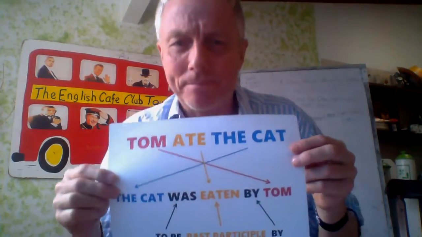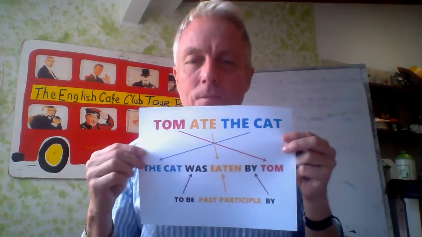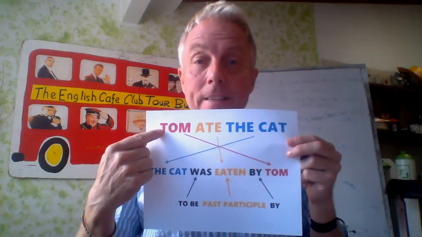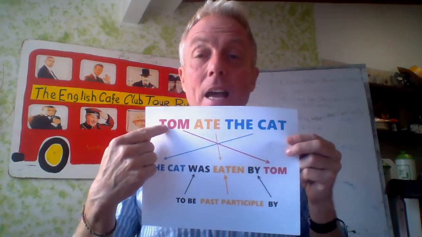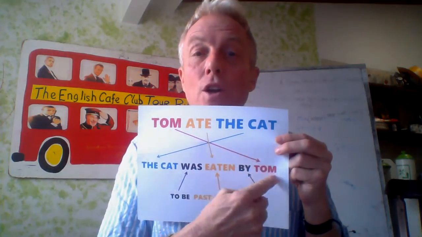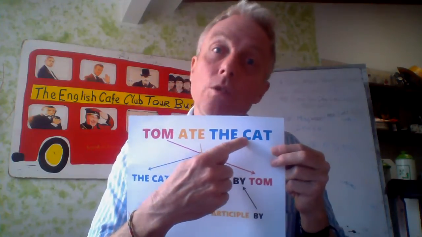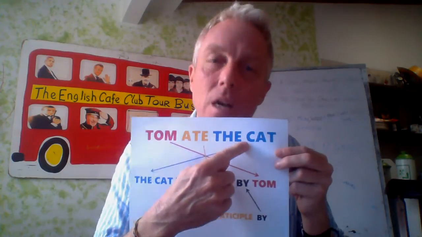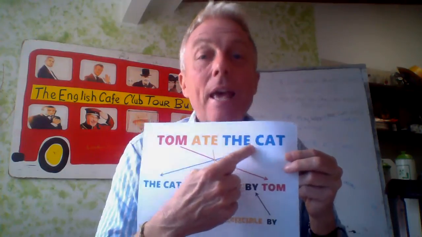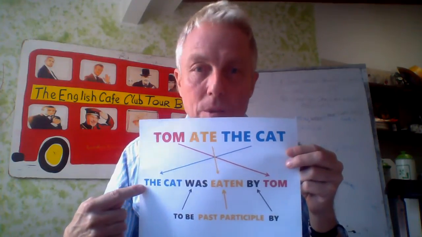Now, there's some things you've got to learn. Very simple. Don't panic. Tom, he did the action. He's now going to become the object. He's not the subject anymore. He's the object of the action. The cat, who was the object of the killing, of the murder, of the assassination, is now the subject.